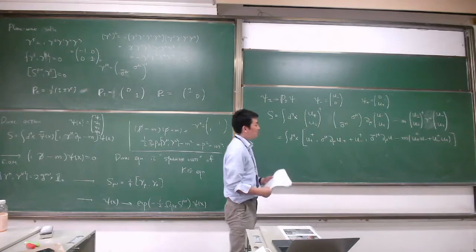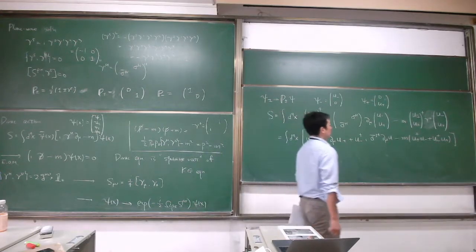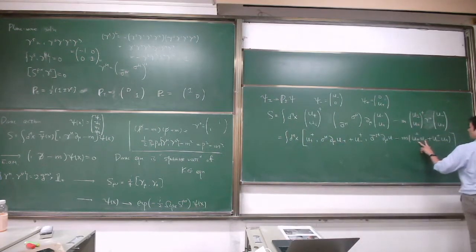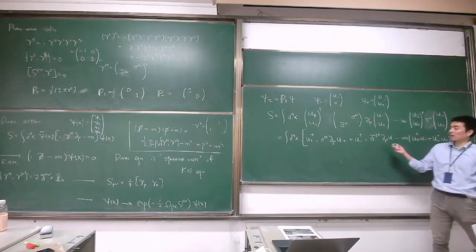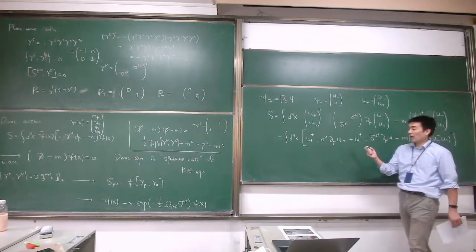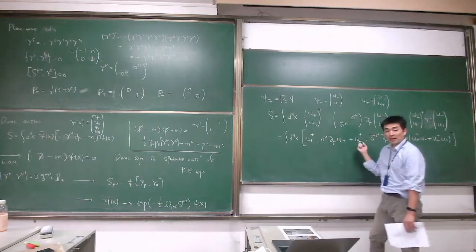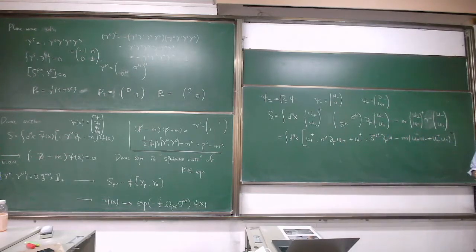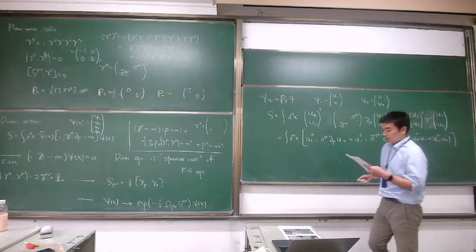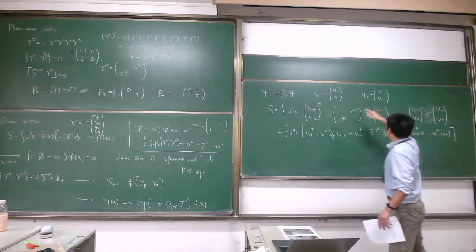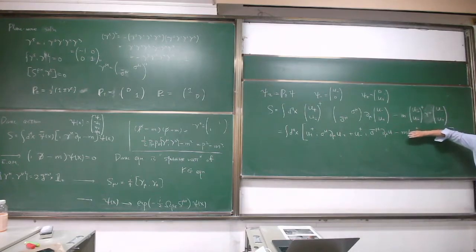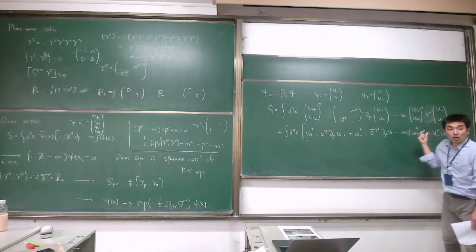Okay. As you can see, the mass term couples u plus and u minus. On the other hand, the kinetic term couples only plus to plus and minus to minus. So in the massless case, if there is no mass term, plus and minus do not talk to each other.